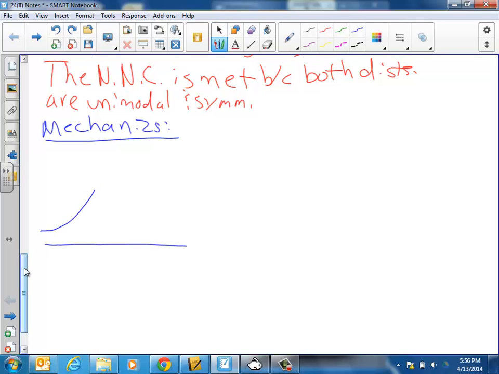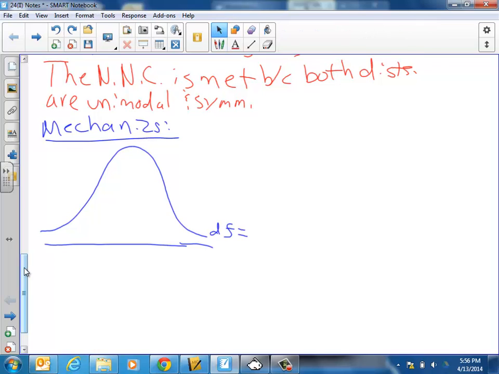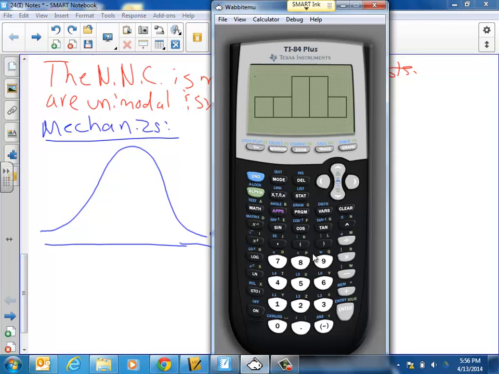So we've got our bell curve, degrees of freedom. How do we get that? Well, easiest way I know of is to use the stat calc tests, sample t interval. That's really easy for finding the degrees of freedom. It can either take data or it can take stats.